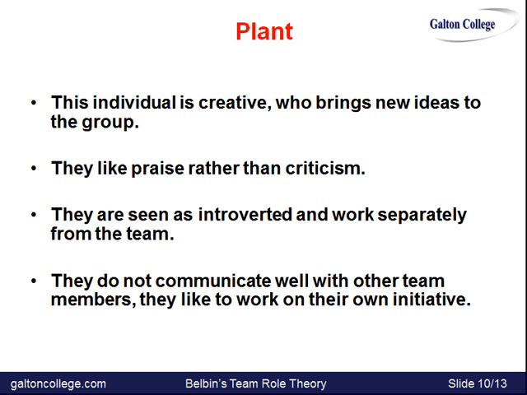But they are creative and they try to bring new ideas to the team. They don't communicate well with other team members. They like to work on their own initiatives, but they bring the ideas to the team so that the team will praise them. They're called plants.